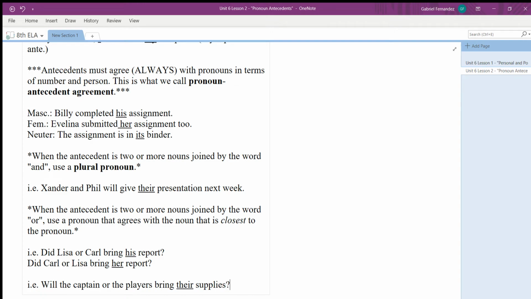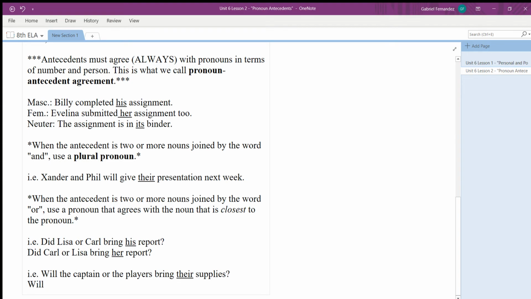Now this sounds a little easier to comprehend because even if we had and, we would still be using their, but we're only actually using their because the word closest to it is players. Not to be confused with if this were an and, yes, this would still be their, but we're only using this their because the antecedent closest to the word their happens to be a plural one.